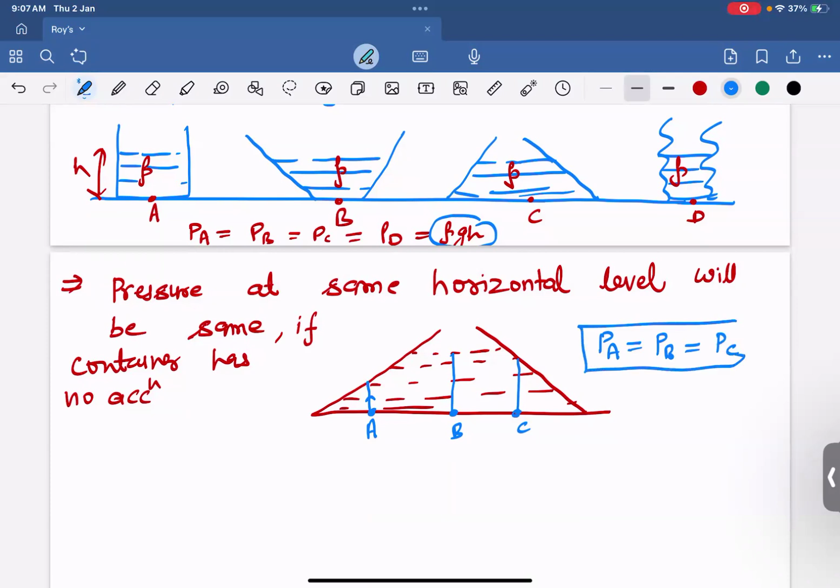Because if the height is less, the container will apply some normal force, and due to that force, it will have the same pressure. Otherwise, if the pressure were not the same, the liquid would flow from high pressure to low pressure, so the liquid would start flowing inside the container itself. But we don't see the liquid flowing inside a container if it is kept on the ground, right? Yes. That's why pressure at the same horizontal level should always be the same.